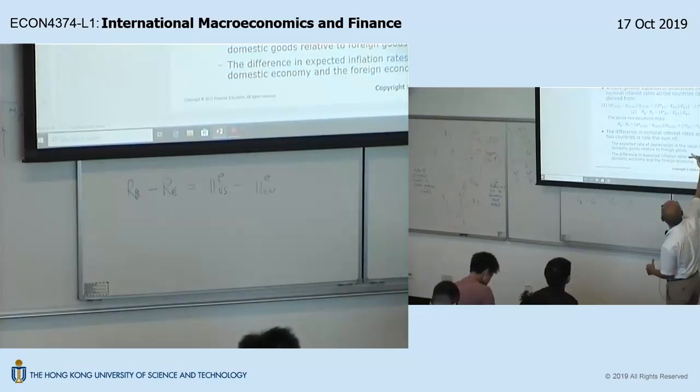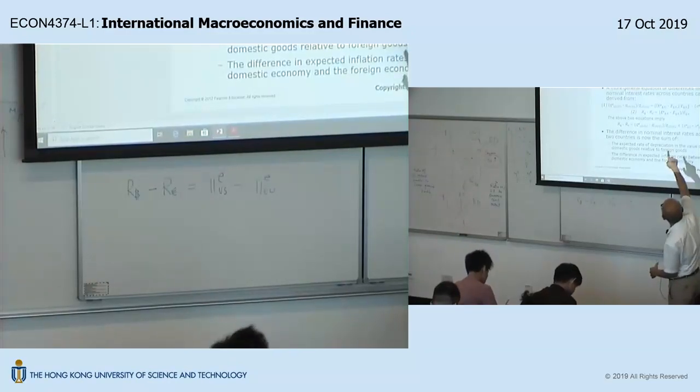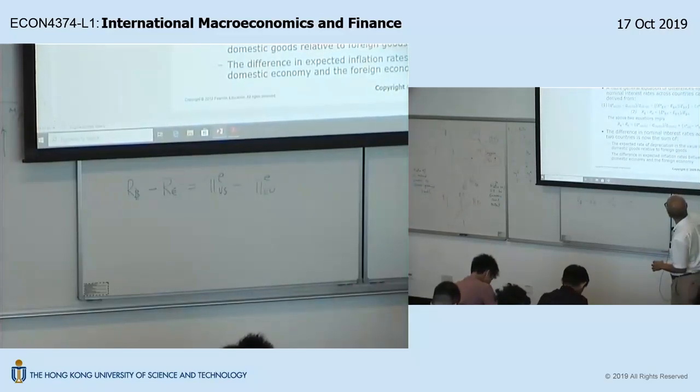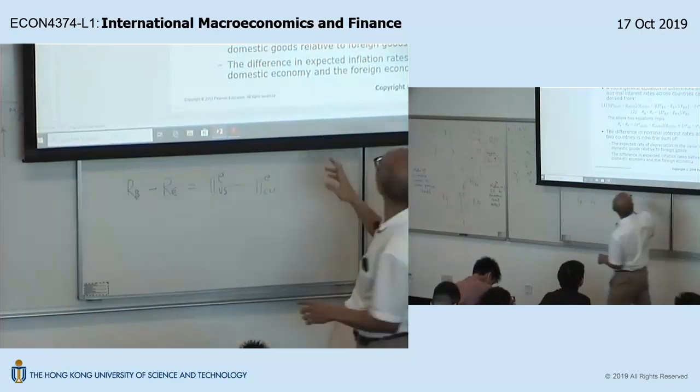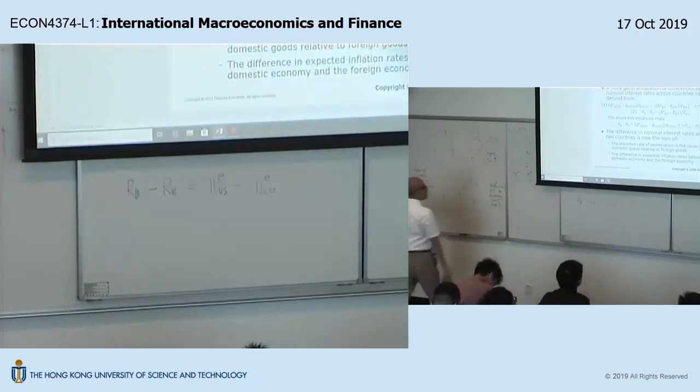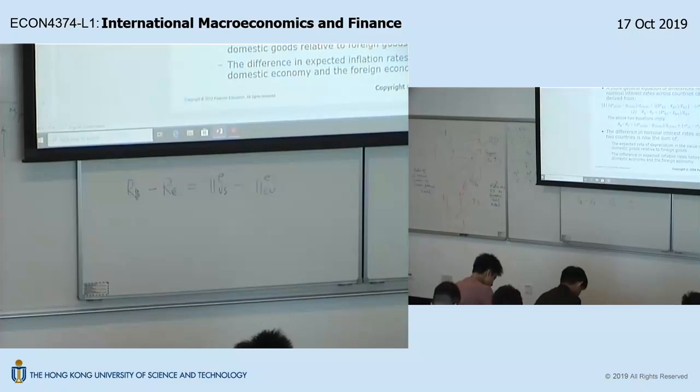In other words, we combine this uncovered interest parity condition with the first equation, equation 1. Equation 1 is nothing more than taking the percentage change of the left-hand side and the percentage change of the right-hand side.